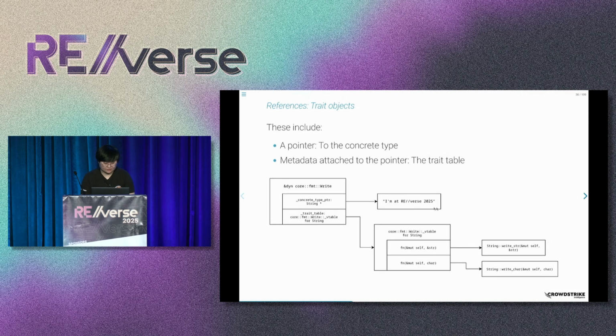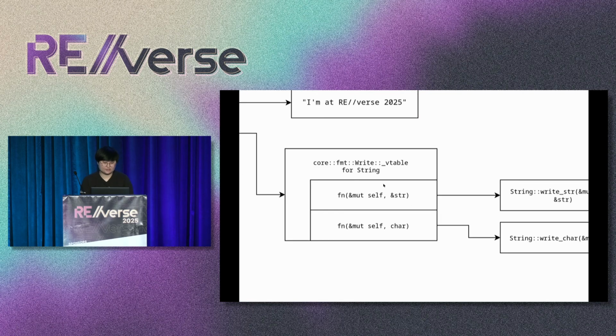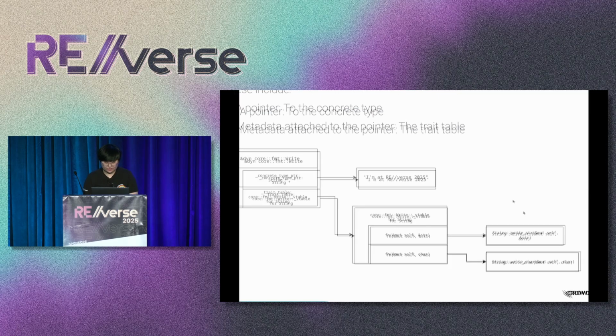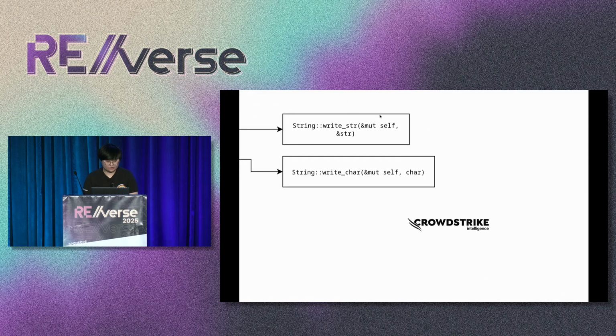So in this case, our concrete type is the string, and our trait table will look something like this. And this is essentially a vtable, right, like you have in C++. So this is a table of pointers, and it will point to, eventually, the concrete implementations of write_str and write_char and write_fmt that that concrete std string type has.